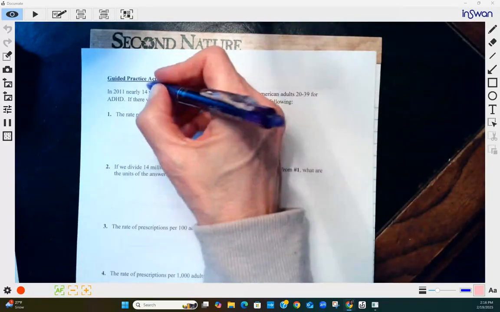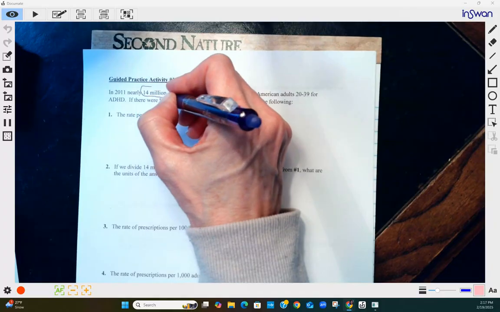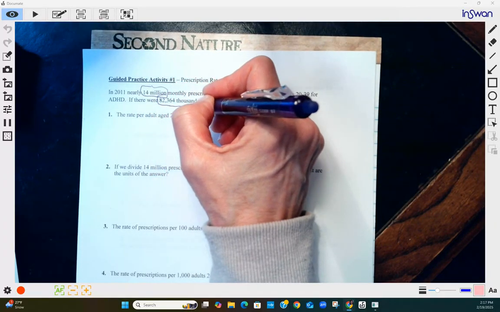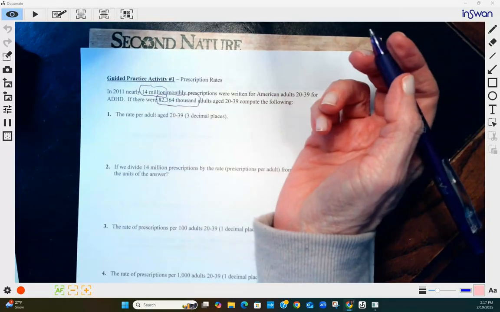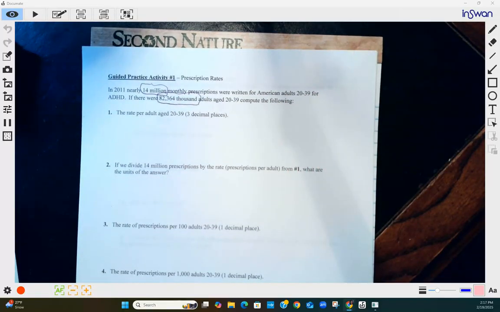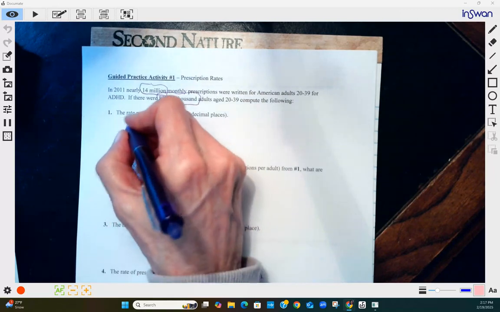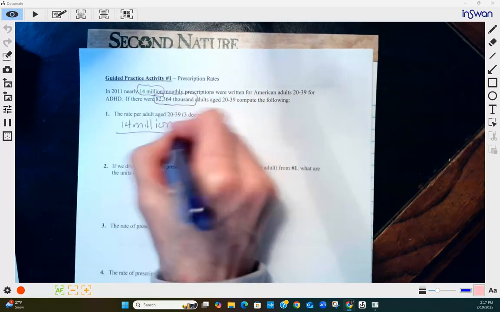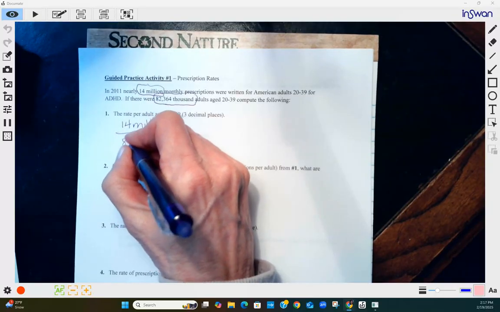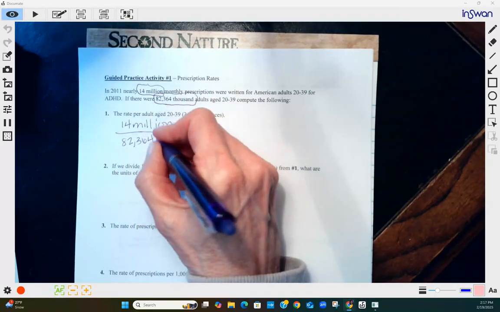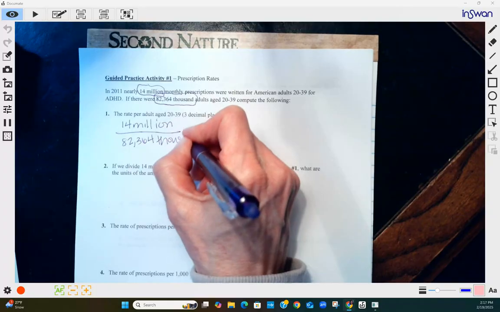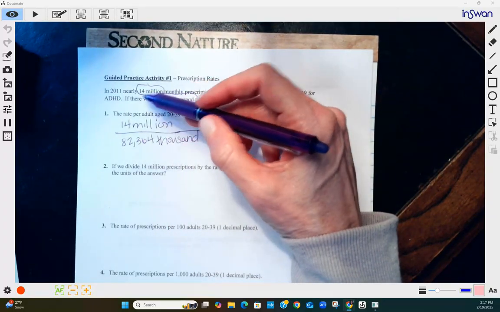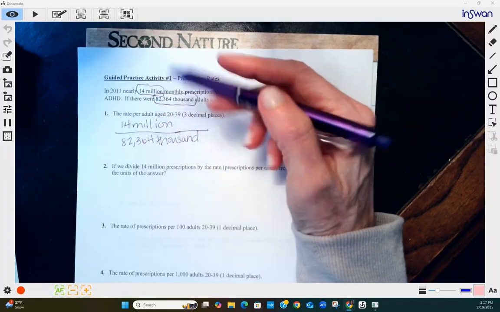So we're using two numbers: the 14 million and the 82,364,000. And the rate would just be that 14 million over the 82,364,000. Those words that mean numbers behind the actual numbers, we have to include those.